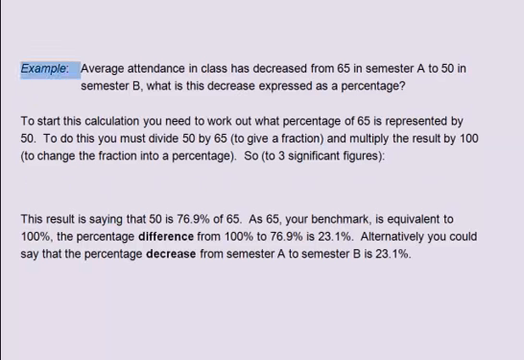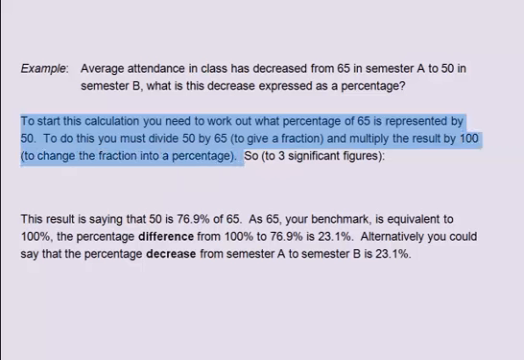Example: average attendance in class is decreased from 65 in semester A to 50 in semester B. What is this decrease expressed as a percentage? To start this calculation, you need to work out what percentage of 65 is represented by 50. To do this, you must divide 50 by 65 to give a fraction, and multiply the result by 100 to change the fraction into a percentage.